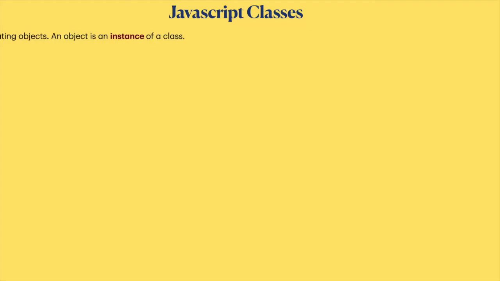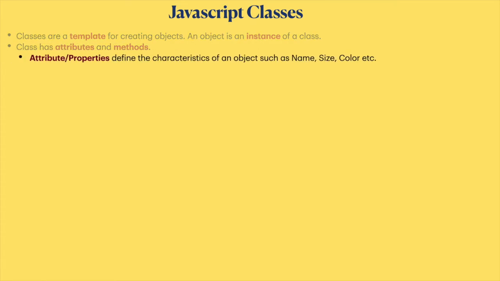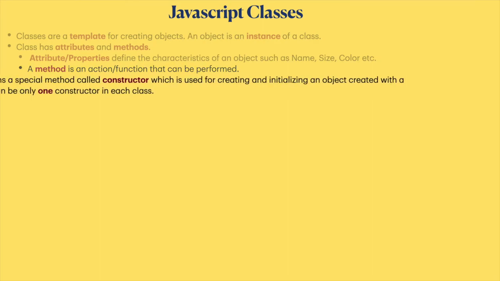Okay, let's summarize what we discussed. We talked about how classes are a template for creating objects, and an object is an instance of a class. We talked about classes having attributes and methods. Attributes, or properties, define the characteristics such as name, size, color, and a method is basically a function that can be performed within a class.